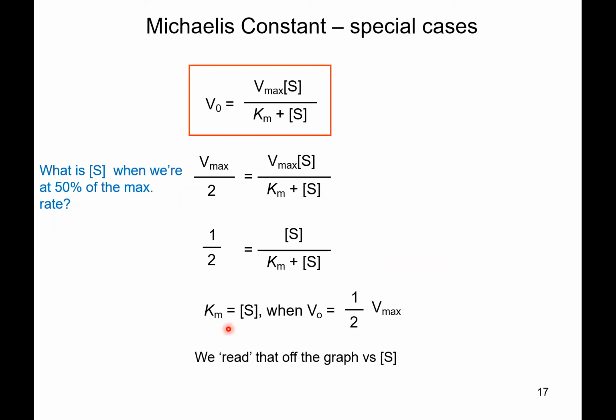And Km equals that substrate concentration when V naught is 1/2 of Vmax. So this is really the reasoning behind how we can read the Km value off of a graph if we just look at half of V naught equals half of Vmax.